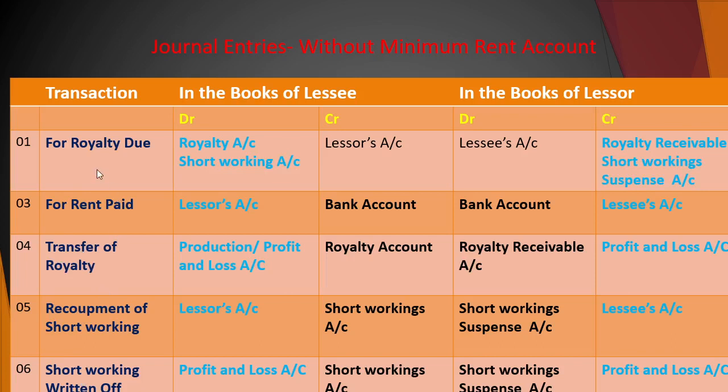The first transaction is different and all the remaining transactions are the same. For royalty due, we have the entry royalty account debit, short workings account debit to lessor's account, and the opposite entries. And no other entry to transfer the minimum rent to royalty and short workings account, because we are not going to prepare minimum rent account.